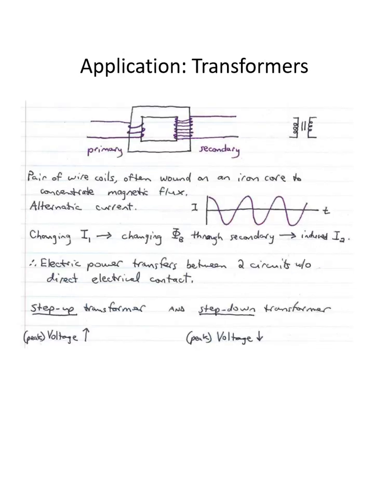Another application is transformers. Here we have an iron core, and there are two electrical circuits. One is on the left, the primary, and the second is the secondary. On the primary, it's looped around several times.